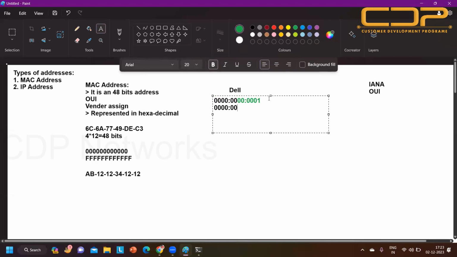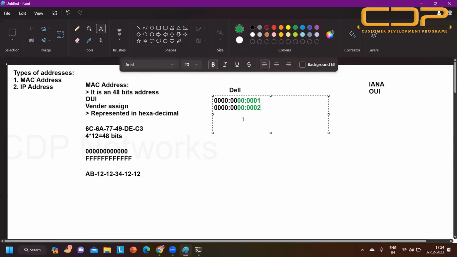The OUI will be the same, but the last 24 bits will be different. Here I am going to change the value to 2. Now you can see both MAC addresses are different, but the OUI of both is the same, and the vendor-assigned last 24 bits are different.